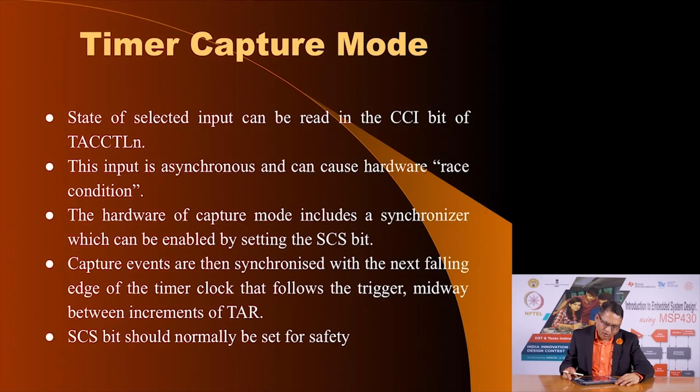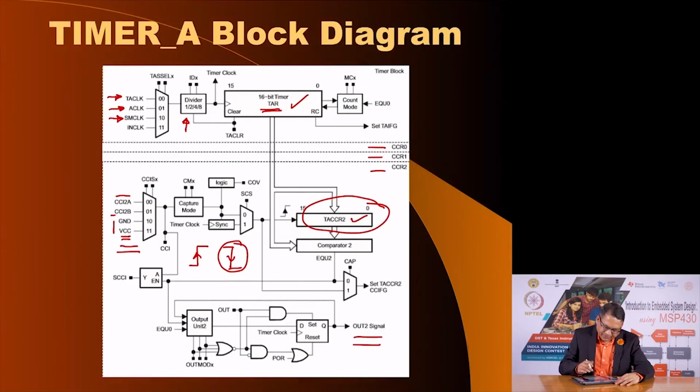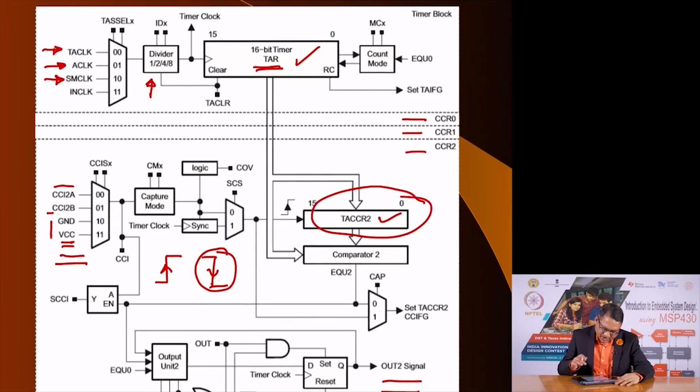In the timer capture mode, the state of the selected input can be read in the CCI bit, and to show you where that bit is, let me go back to the block diagram here. This is the CCI bit here.